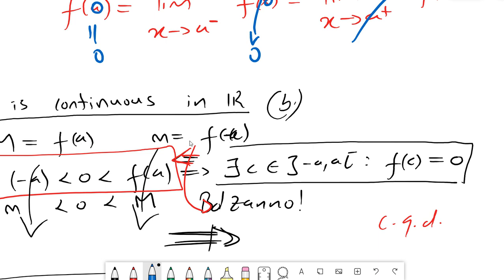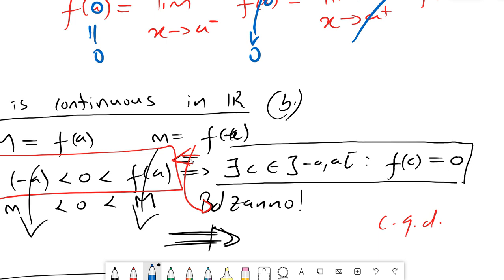Now, using Bolzano, Bolzano says that if one image is negative and the other image is positive, since the function is continuous, there will be a point C somewhere in the open interval where the image will be 0, right? But this is an equivalence.